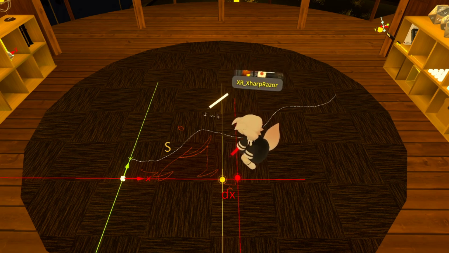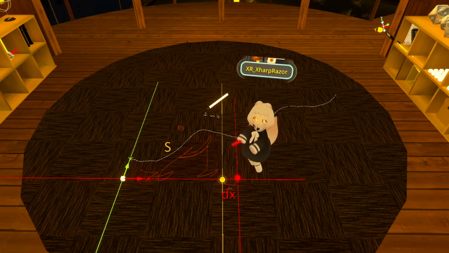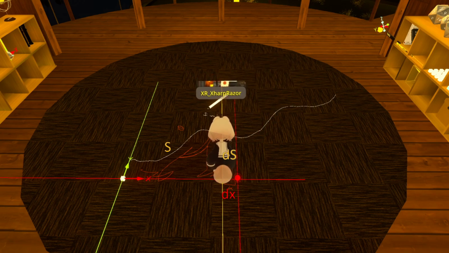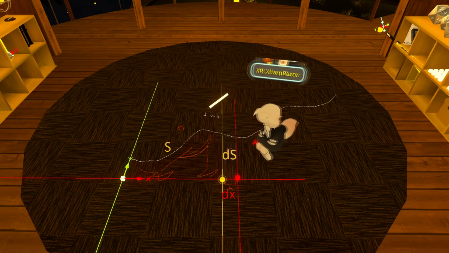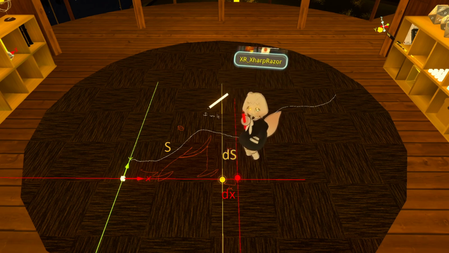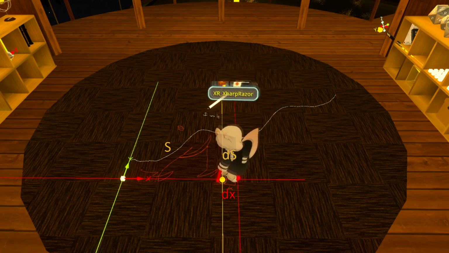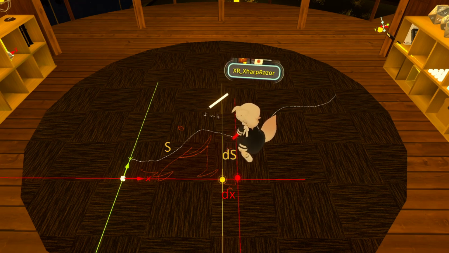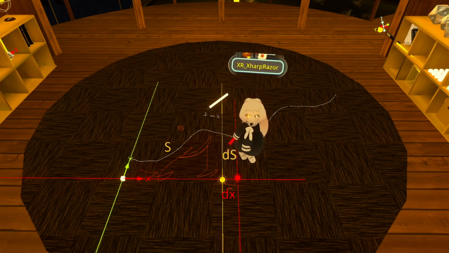So our new little change of area, we can call it ds. So here we have it, which is actually this new area over here. And then if you shrink dx closer and closer to 0, then ds is closer and closer to become a rectangle.